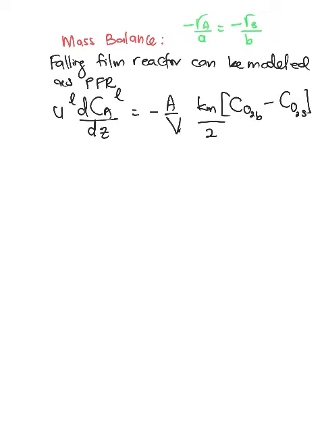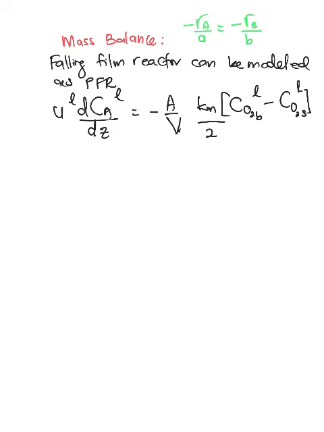Okay, so this is the mass balance equation. The concentration of oxygen in bulk fluid is in the liquid phase. The concentration of oxygen at the external surface of the catalyst is also in the liquid phase. But we can assume that the concentration gradient of oxygen to the surface of the catalyst is negligible, right?